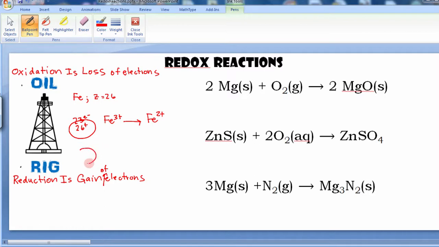Well, you can draw this little diagram of 26 protons in the nucleus, but now we have 24 electrons there. So to go from iron 3 to iron 2, there would have to be a what? Gain of 1 electron.